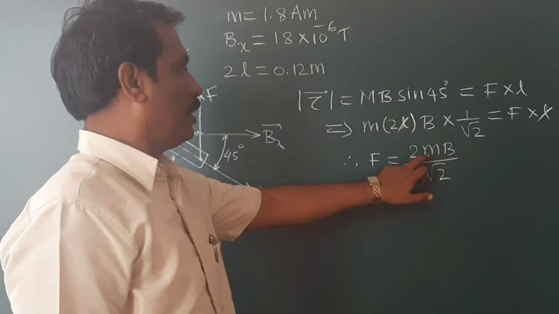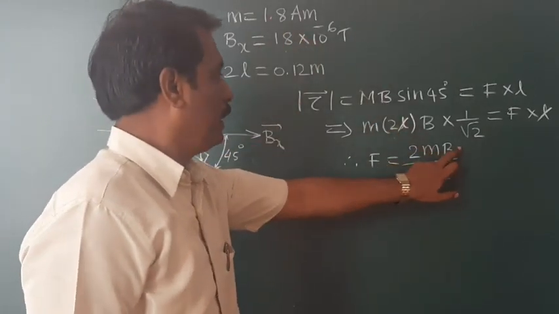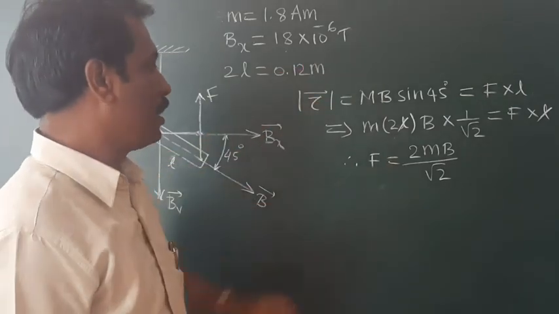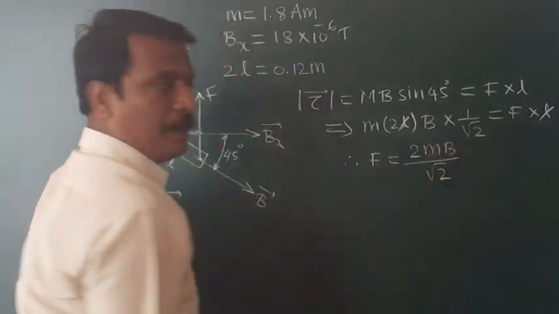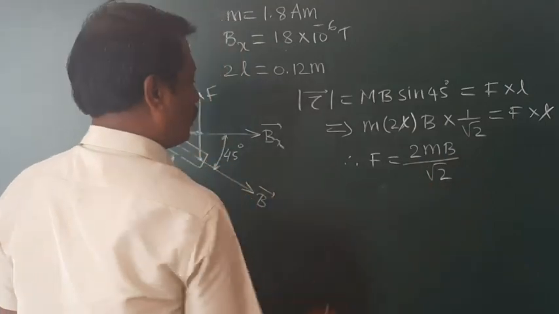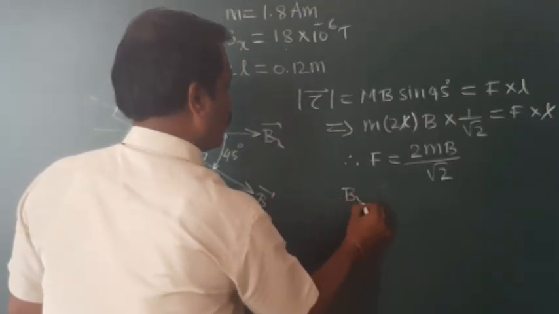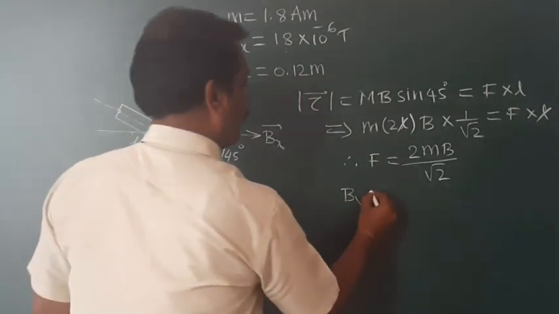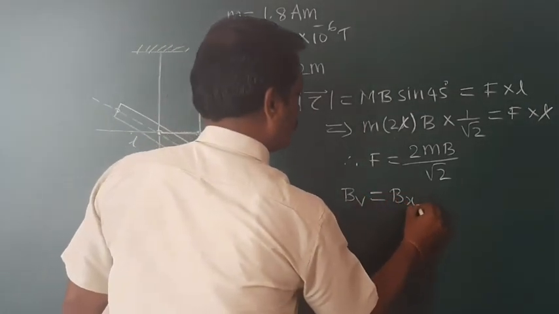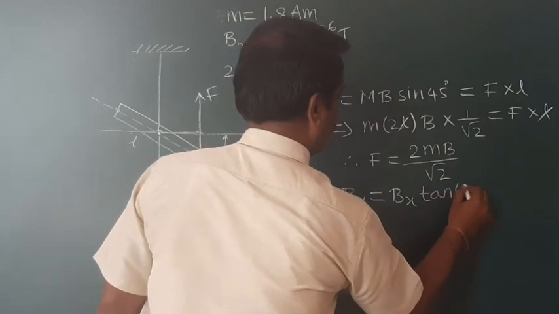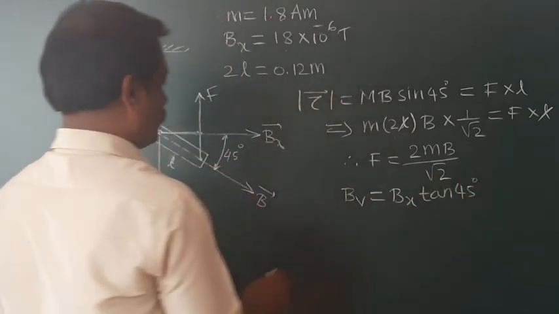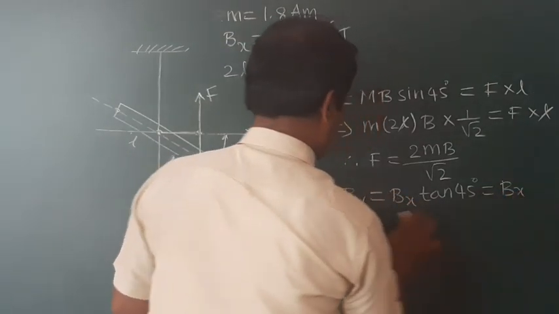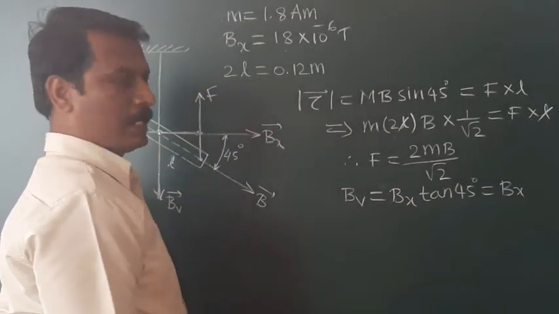So now here the m value is given, but B is not given. Only the horizontal component of Earth's magnetic field is given. So we will find B. To find B, first we will find the vertical component of the magnetic field, that is Bv. So Bv can be written as Bx tan 45 degrees. But tan 45 is 1, therefore we get Bv equal to Bx.